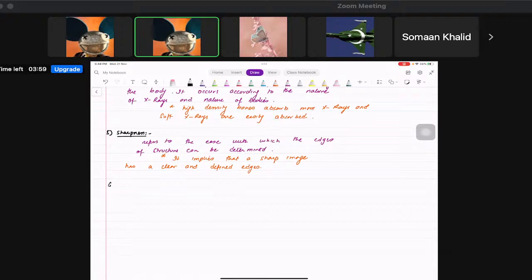So first then we're going to talk about contrast. And contrast basically is the degree to which organs can be separated or identified from each other.